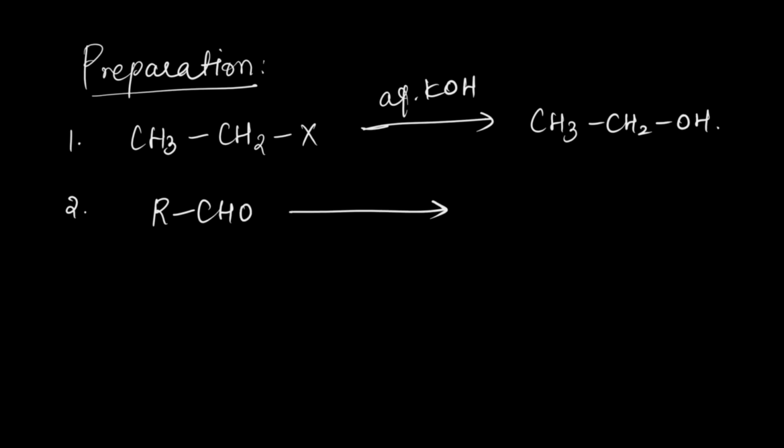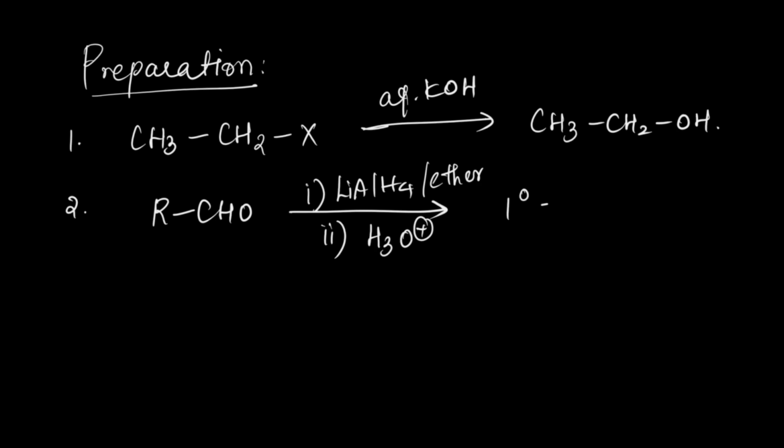RCHO, aldehyde, upon reduction will lead to give primary alcohol. Always remember one thing, if I am reducing the aldehyde group, that will lead to the formation of primary alcohol.